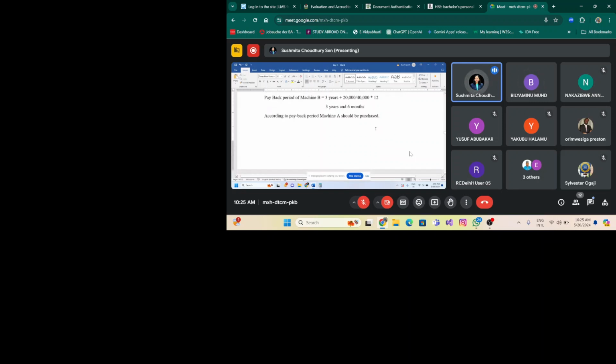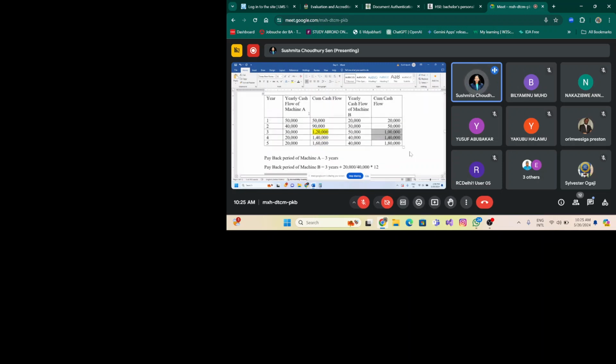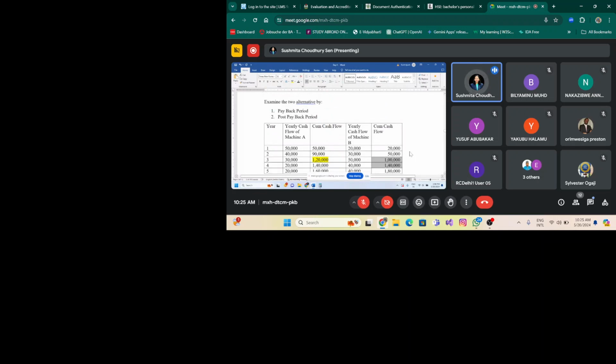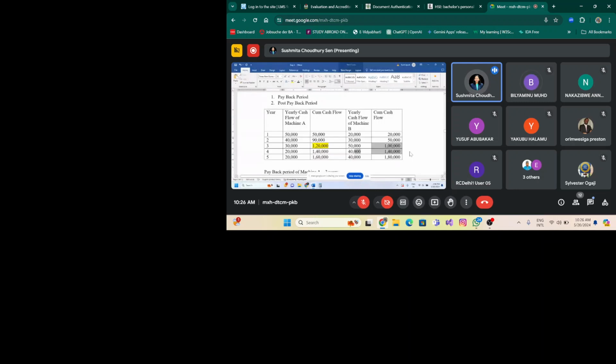We have already come to know that 3 years, 6 months are required to recover the 1,20,000, that is the initial investment. So in the fourth year, the total earning is 40,000. Out of that, 6 months earning would be 20,000. So this 20,000 is needed to recover the 1,20,000.